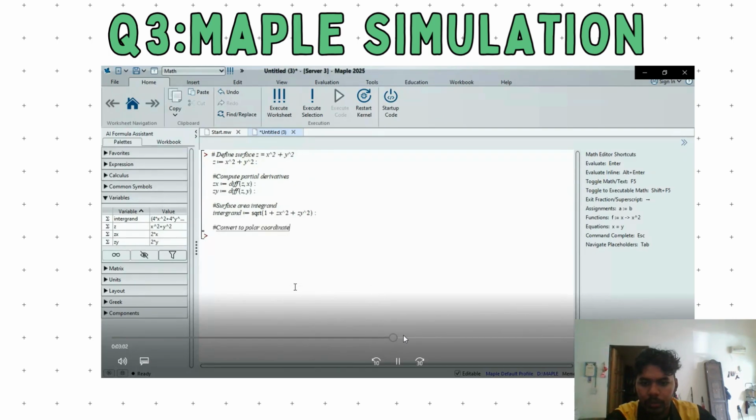And then we will convert to polar coordinates by using this line. And we apply the double integral line to get the answer.